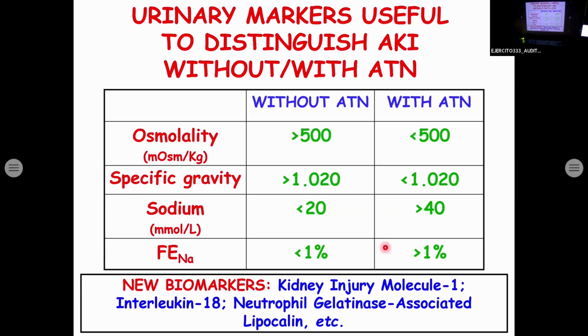In addition, recently, new biomarkers have been introduced, which can be used to distinguish acute kidney injury with or without acute tubular necrosis.